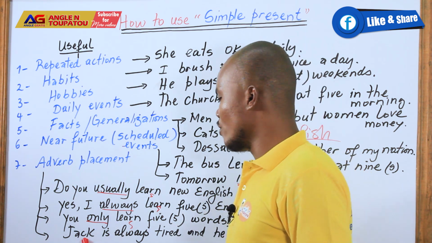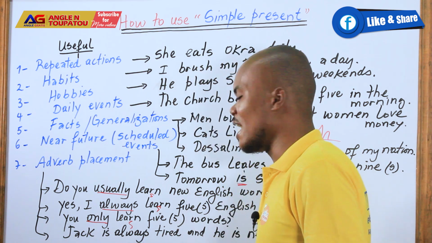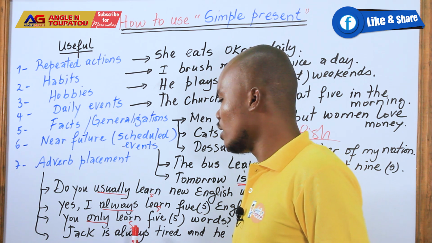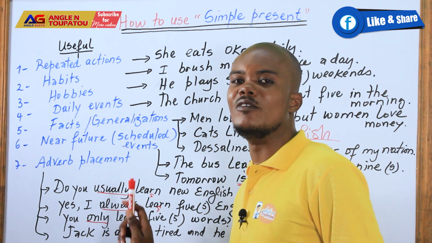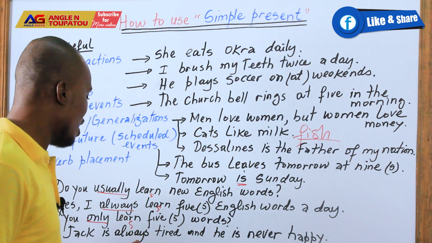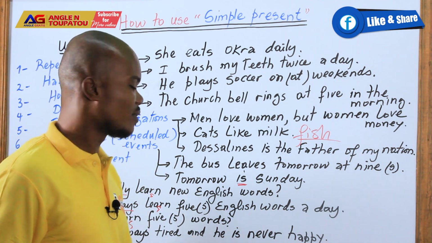No. For the verb to be, you cannot say Jack always is tired. Pour le verbe to be, l'adverbe est placé après le verbe to be. Okay, Jack is always tired and he is never happy.